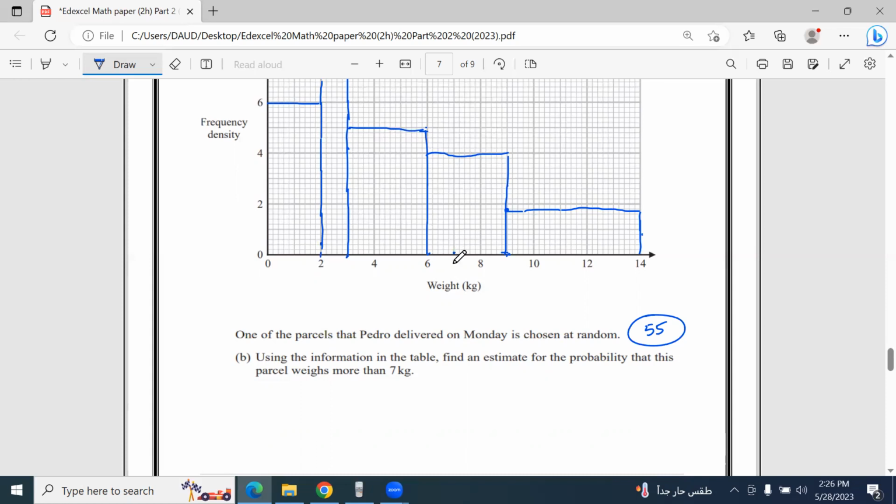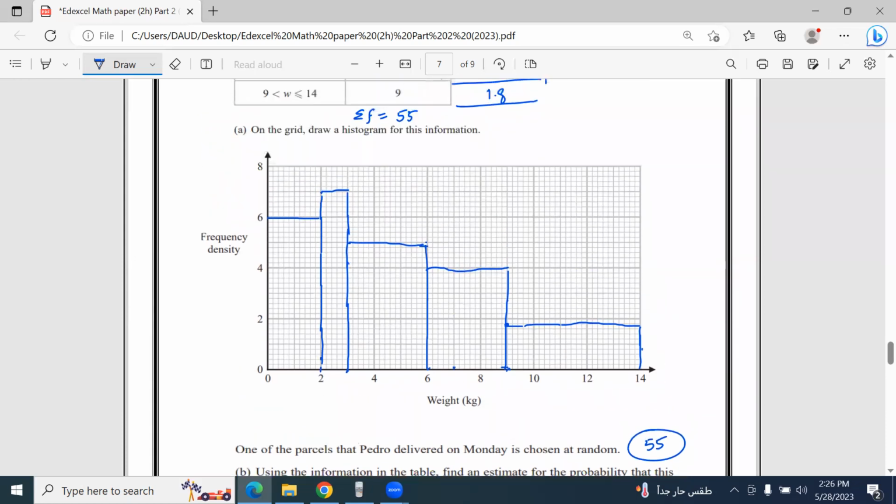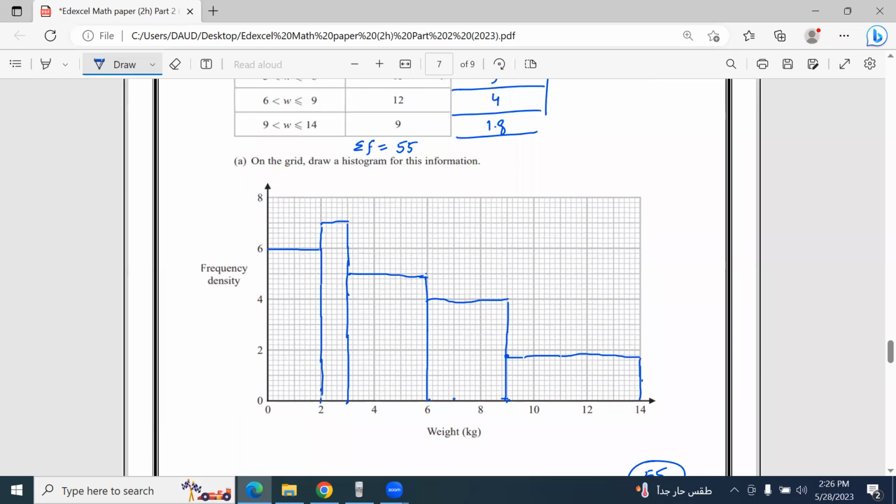It is here, and we have to check more than 7. This we know from 9 to 14. We have 9. Yes, here we have 9, but we will check 7 to 9, how many from this point.